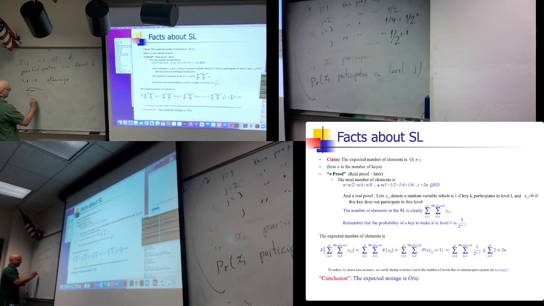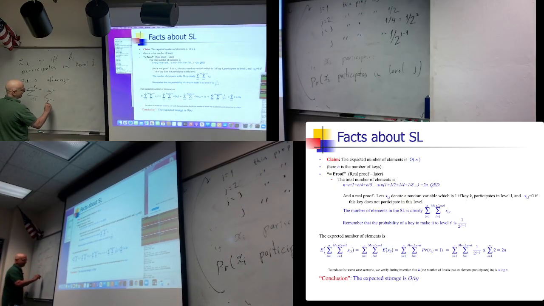Sigma over i from 1 to n, sigma over l, for level, from 1 to whatever the max level is that I'm using right now, of xil. That's exactly how much memory, how many cells I have. You're spending one per each cell in the skip list right now.